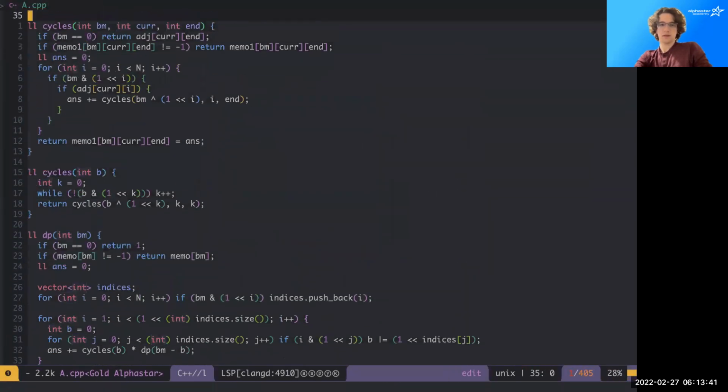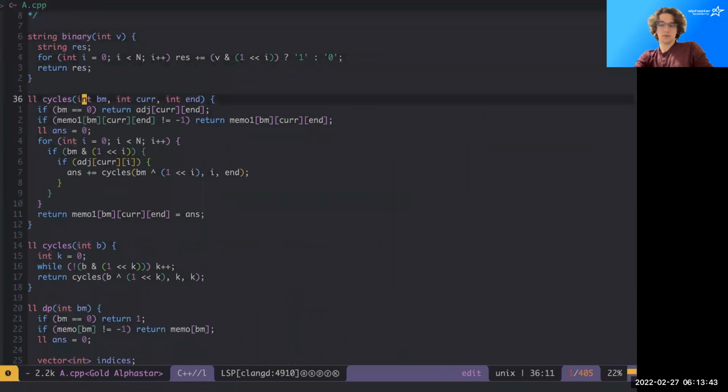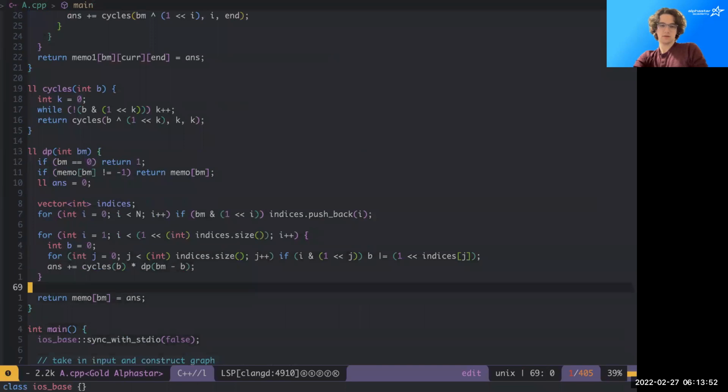That's not what I expected. I guess we're double counting here because we have to include a cycle that includes the first index, otherwise we're going to double count. So we just want to force ourselves to include.